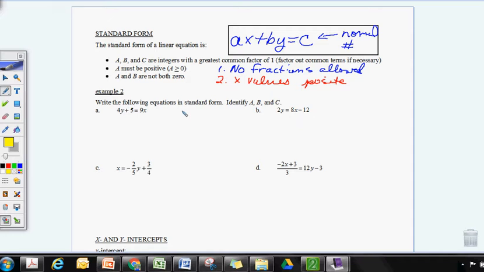That rule basically just makes sense, because if they're both 0, it's not going to be there. I also always want x and y on the left side.